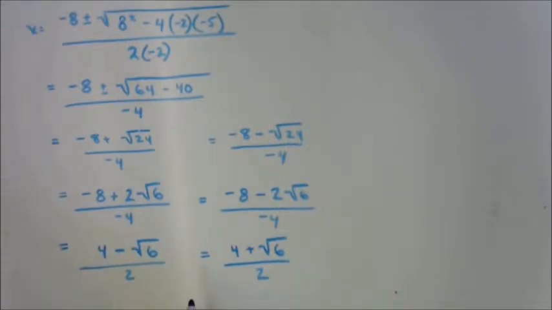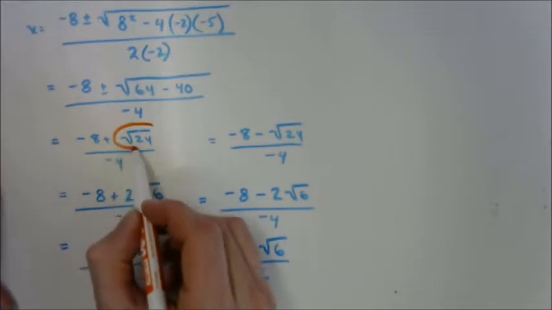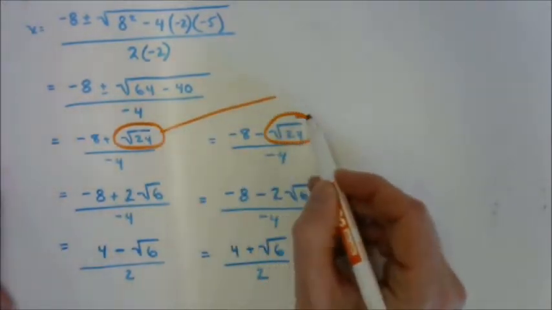These are the exact solutions, and there are 2 solutions, and the connection that we want to make here is that once we got to this step, the value under the radical is positive.